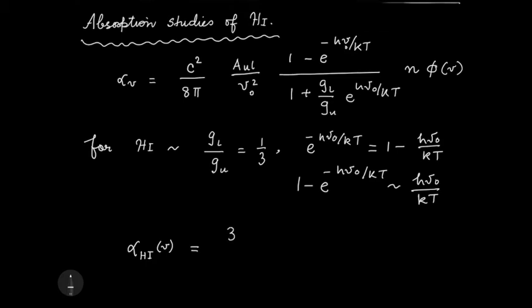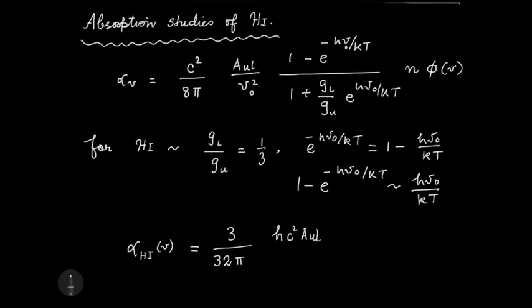And if I plug in all this, now alpha H1, it's a function of nu as always. This will come out to be 3. Where is this 3 coming from? Well, I have 1 plus 1 by 3, so it becomes 4 by 3 again. That 3 goes upstairs, and that 4 makes this 8 to 32.